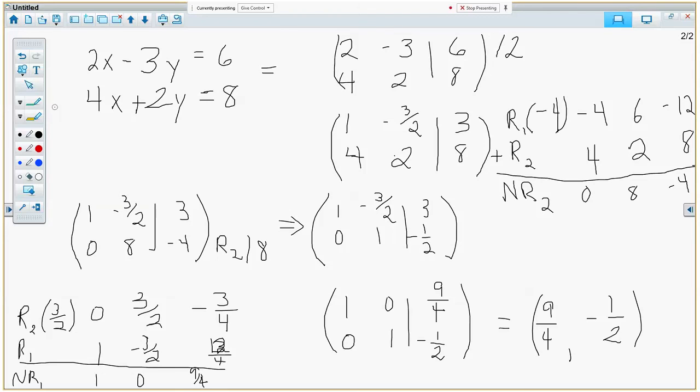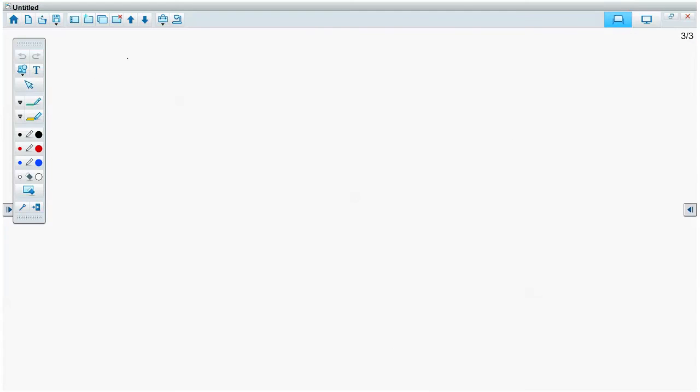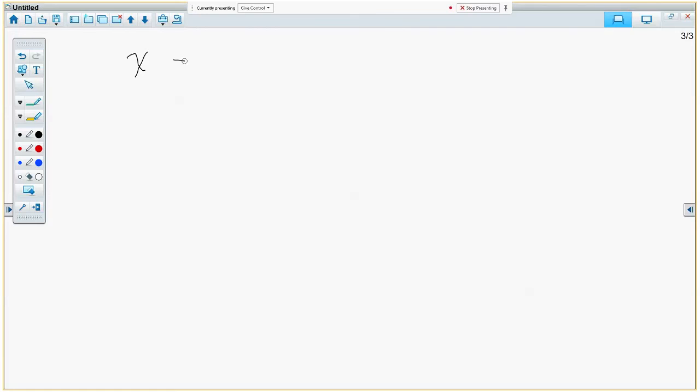Well, let's do another one. Go with x minus 3y is equal to 6. And 4x plus 2y is equal to 8.